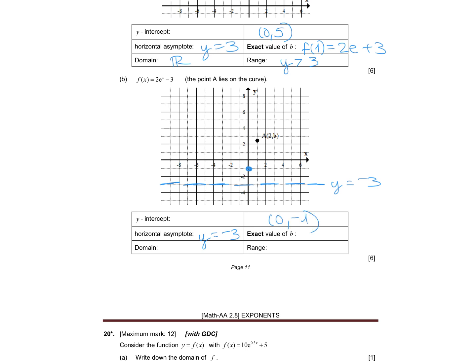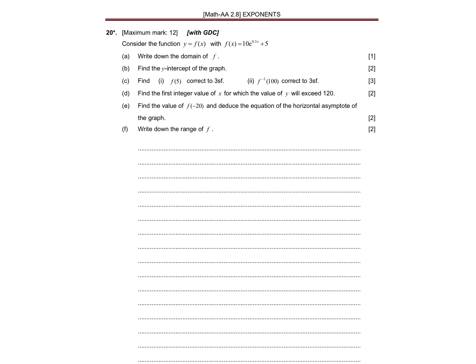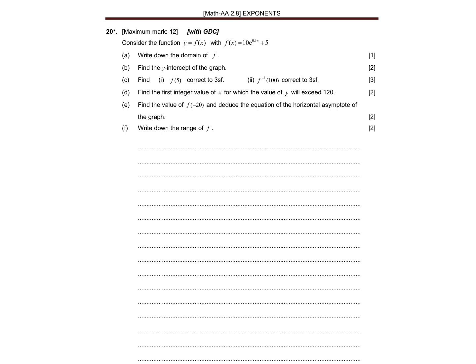Exact value of b, that's when we have f at 2. So that's 2e squared minus 3. Domains, all real numbers, and range is y greater than -3. Something like that.